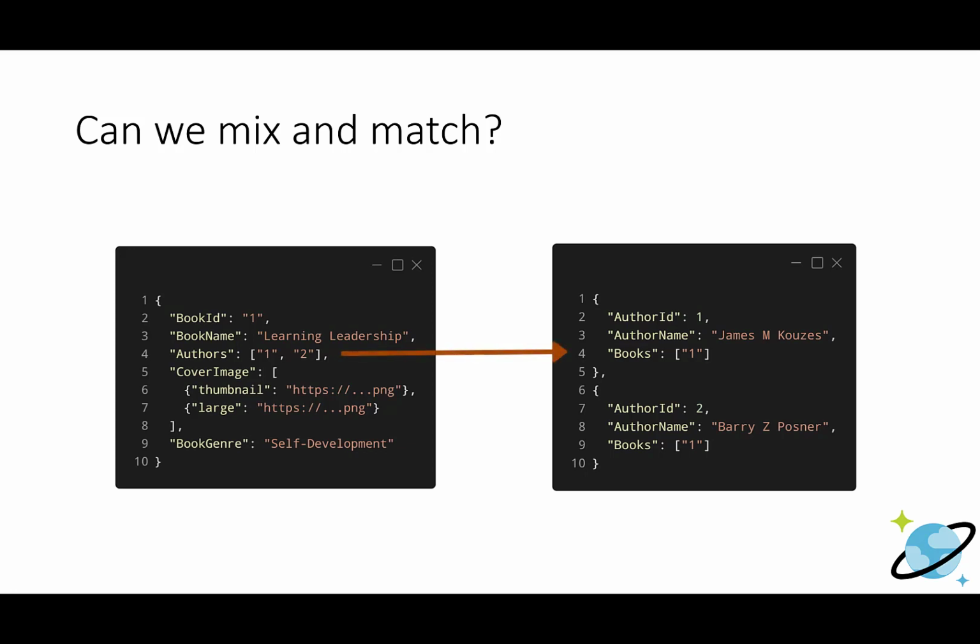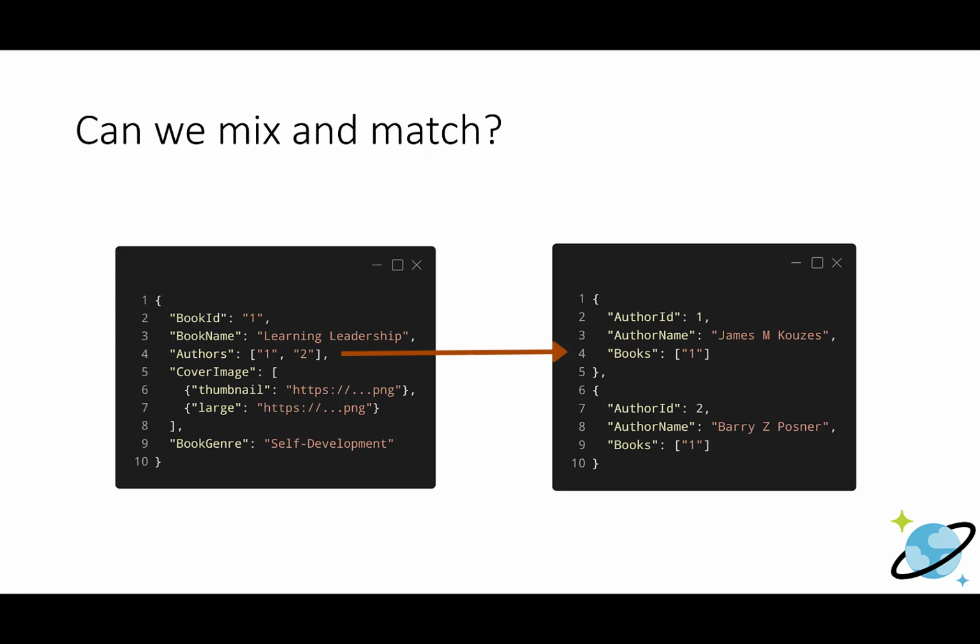Using this approach, we can make a single write operation to update information about our books without making updates to our authors. And if we need to make an update to our authors, we can make a single write operation on our author document without having to change our book document. With this approach, we're referencing our author ID within our book document.